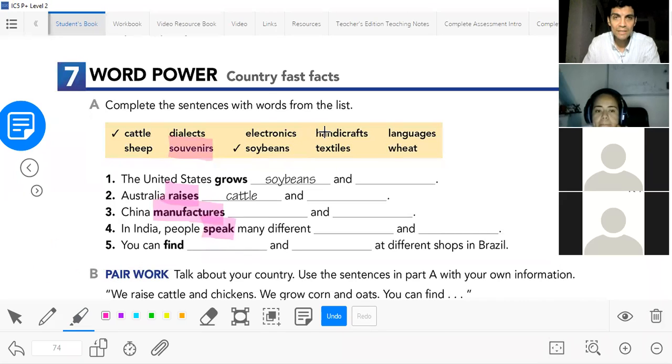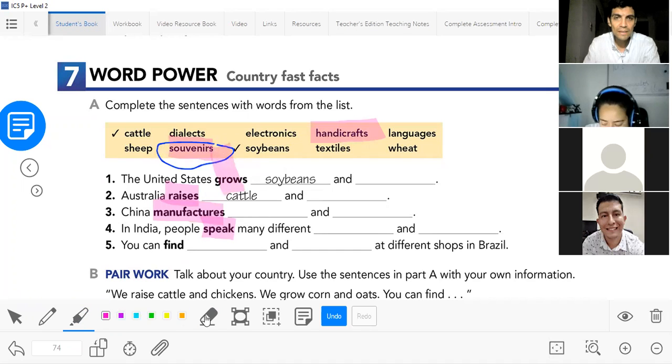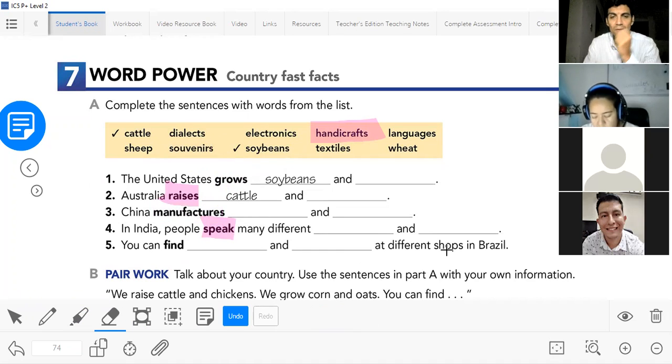No, those are handicrafts. Don't confuse them. Who can help me, guys, with souvenirs? When you buy something. Recuerdos, tiendas de regalos, de recuerdos. Yes, Pablo? Regalos, recuerdos. Yeah, those are souvenirs. Very good.